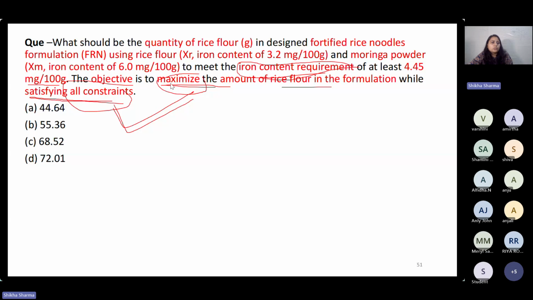The constraint is that in the final product we should have the iron content at least 4.45 mg per 100 grams, and the decision variables are given: rice flour is 3.2 mg per 100 gram and the moringa powder iron content is 6.0 mg per 100 grams. We need to meet the requirement by putting those into a particular amount to get at least 4.45 mg per 100 gram of iron content.